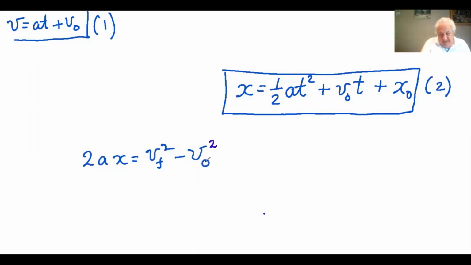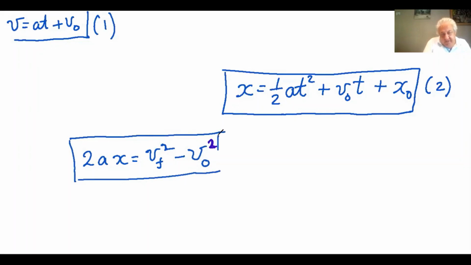Sometimes I use vi, sometimes I use v naught. Quite often, especially in projectile problems, I'll use u for the initial velocities and v for the final velocities. So I tend to vary my notation a little bit. Okay, but these are our 3 important constant acceleration formulae.